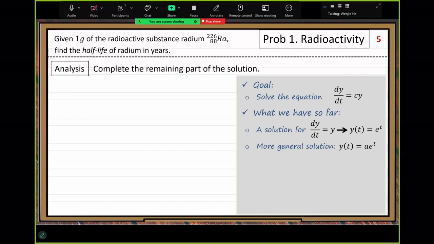Okay? When you take a derivative operation, this constant number can be extracted out of the derivative, right? Based on this simple property of derivatives. So here I'm talking about a property we can use. All right.